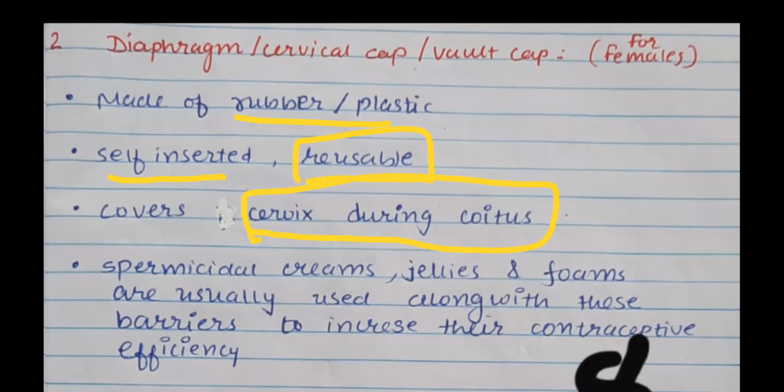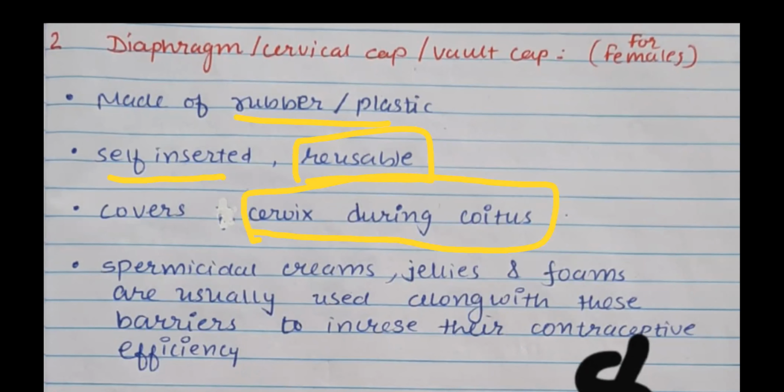Just before the coitus or the intercourse, this diaphragm or cervical cap or vault cap is inserted into the female reproductive tract, so it covers the cervix region. Whenever coitus and ejaculation occur, semen enters the female reproductive tract, but the cervix is now covered with this cap.